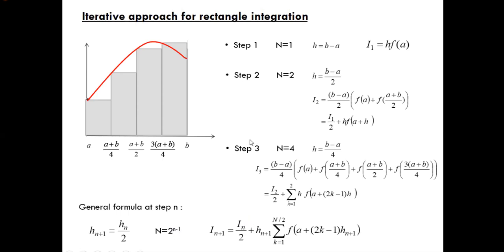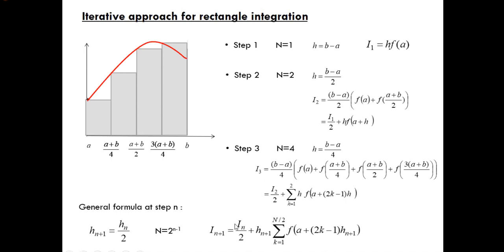And then the general formula for the integrals: I_(n+1) is equal to I_n over 2 plus h_(n+1), where h_(n+1) is equal to h_n over 2, multiplied by the sum from k equals 1 to N over 2. Look, at n equals 4 I had 2. f of a plus (2k minus 1) h_(n+1). This is the odd term.